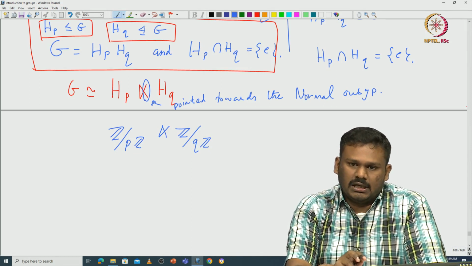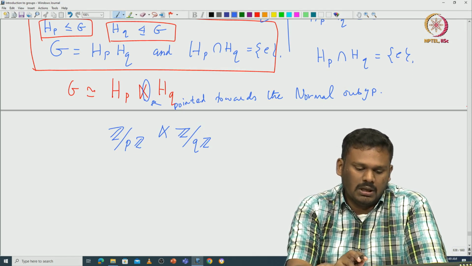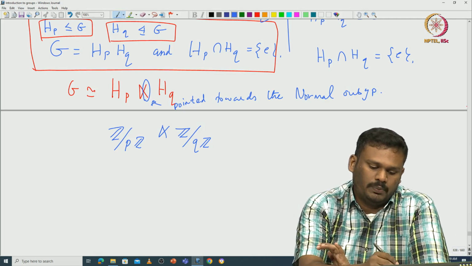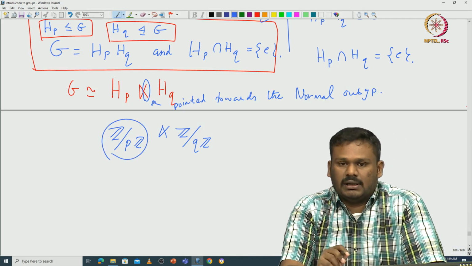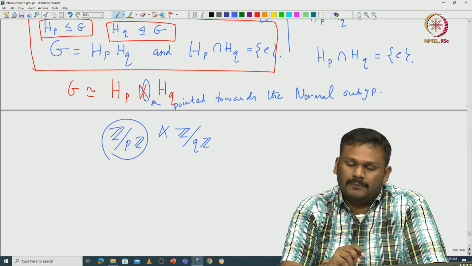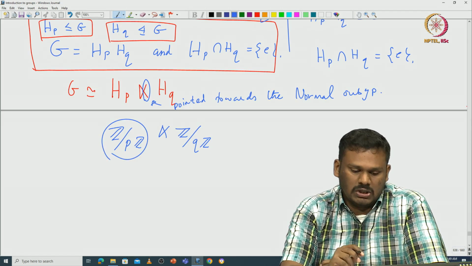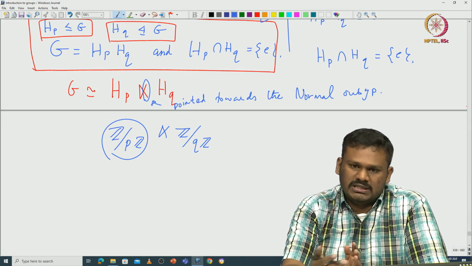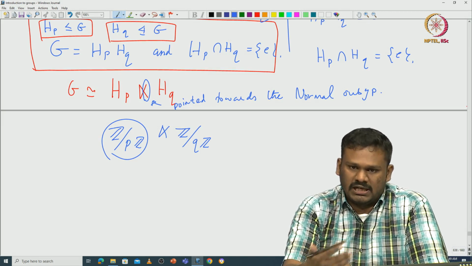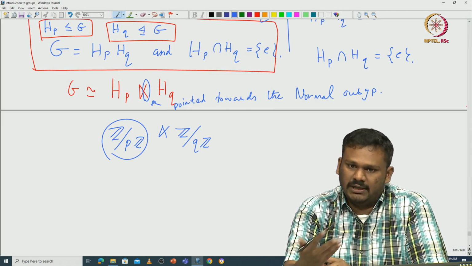So basically you get the semi direct product of these two groups as your G. Of course, the semi direct product depends upon how the group H acts on the normal subgroup via conjugation. If you change the action, you are expected to get various different semi direct products.